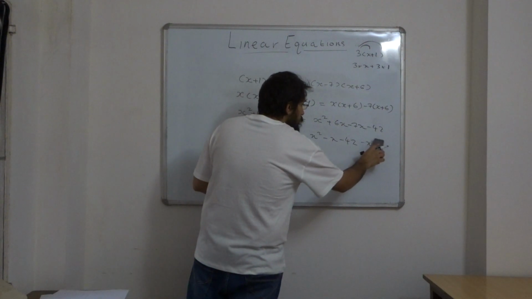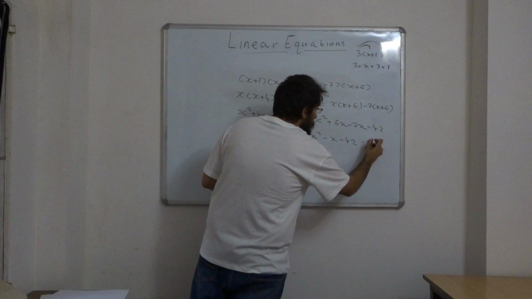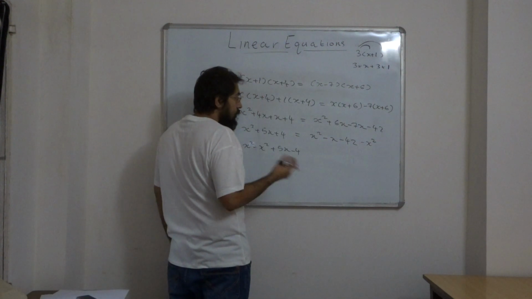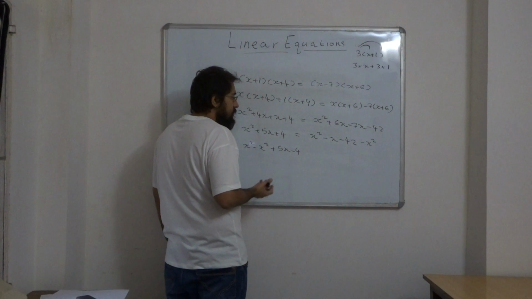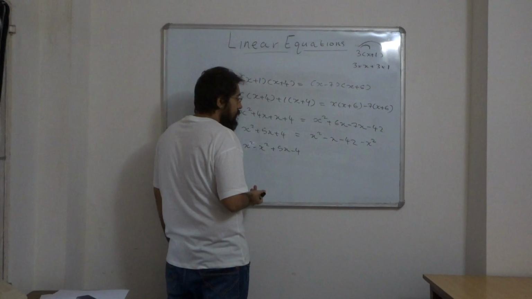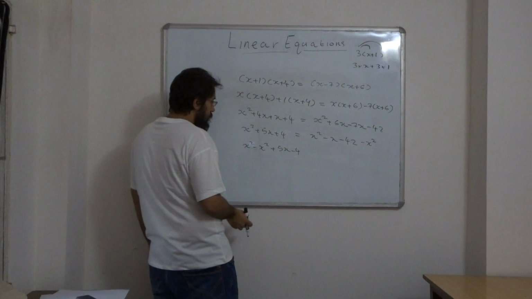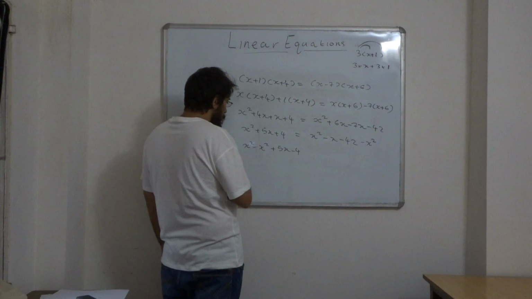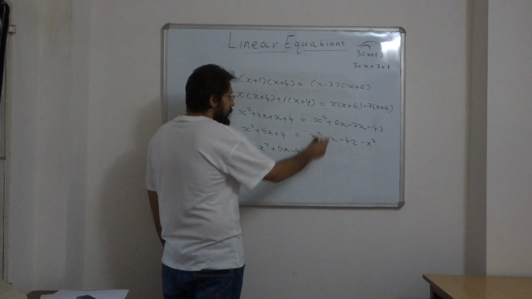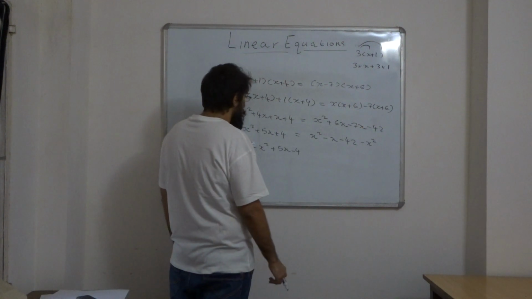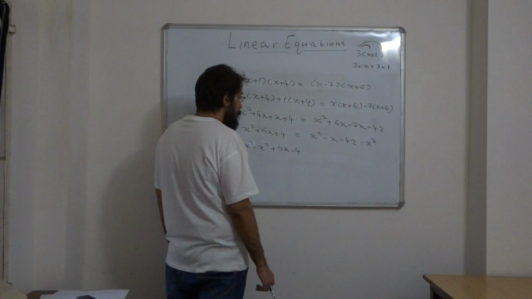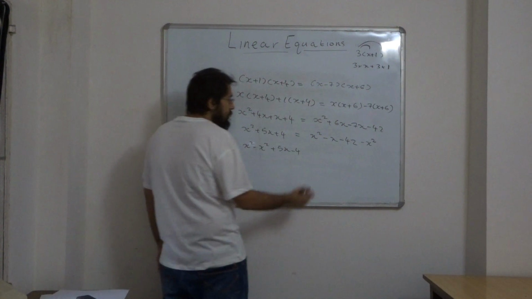It's not really a 2 there, is it? Sorry guys, but I just love to write things clearly, otherwise it doesn't make sense. So basically, x squared cancels out here, x squared cancels out there as well. It cancels out here, it cancels out there.